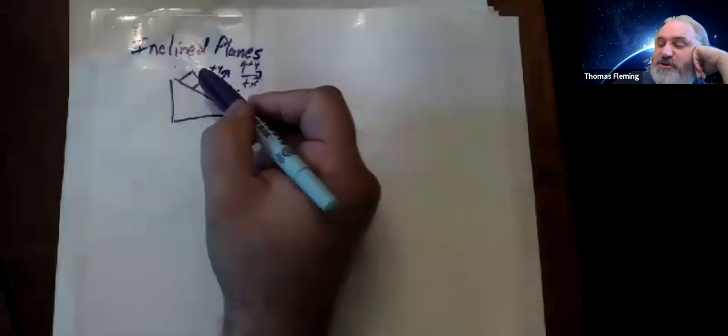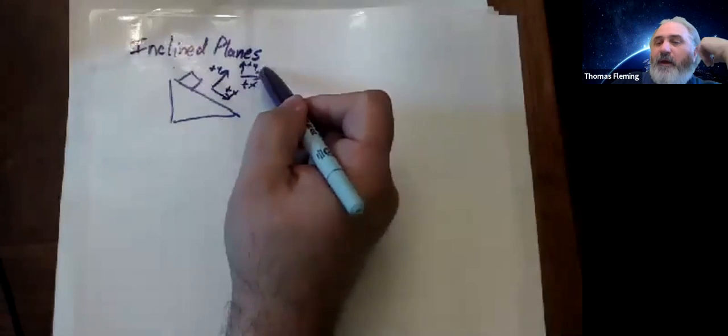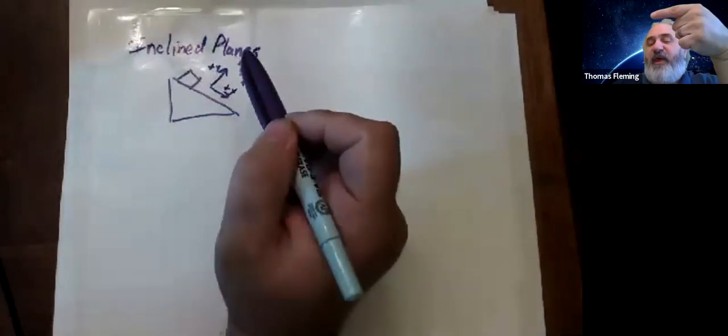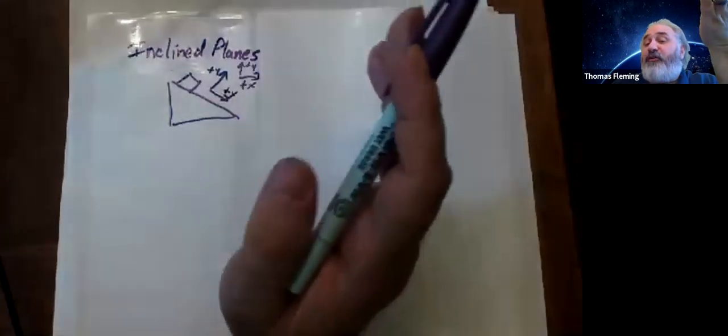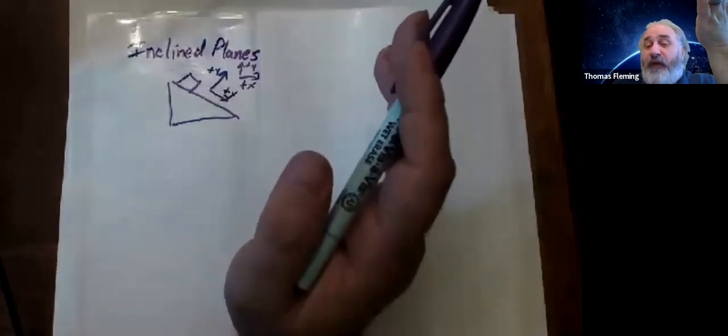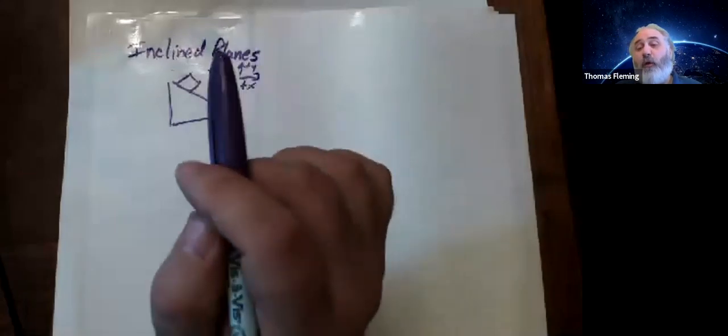With the original system, the x acceleration and the y acceleration could both be non-zero, and I don't know either of those two things. So that's two variables to solve for.